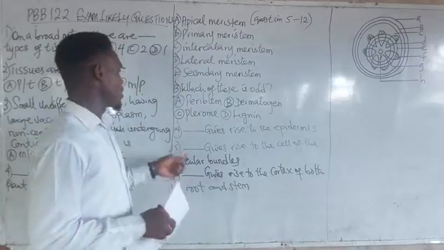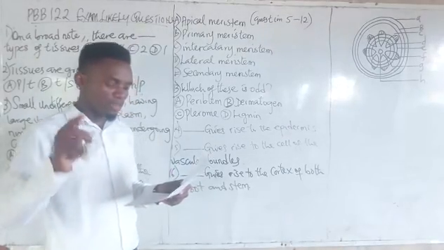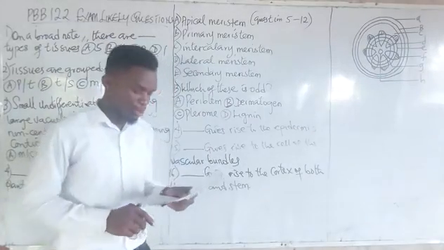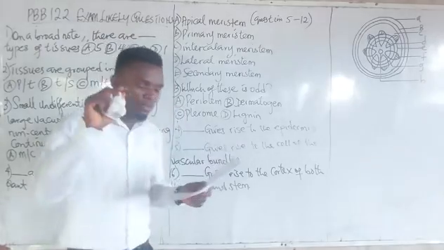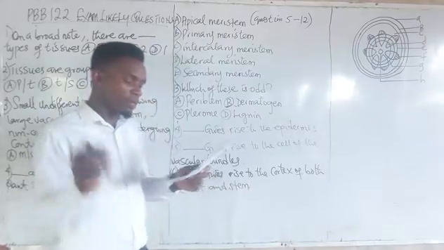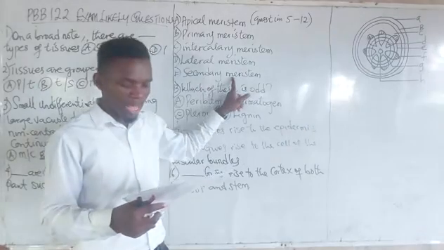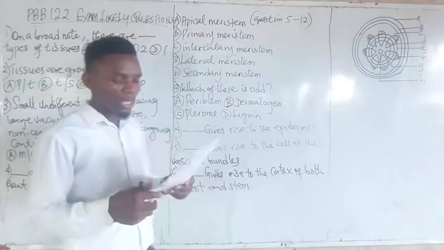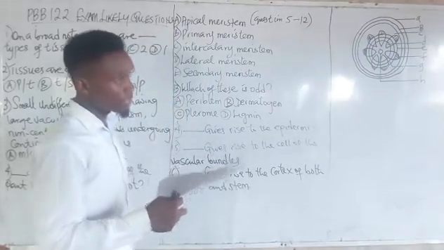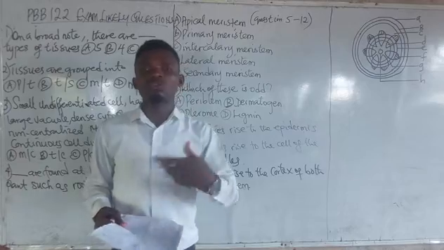Hope you are following. Number 7, dash and primary permanent meristem form the secondary permanent tissues. The secondary meristem and the primary permanent meristem form the secondary permanent tissues, and the secondary permanent tissues bring about secondary growth.